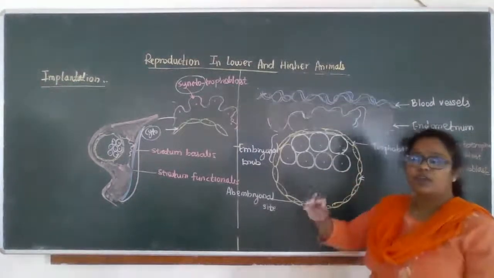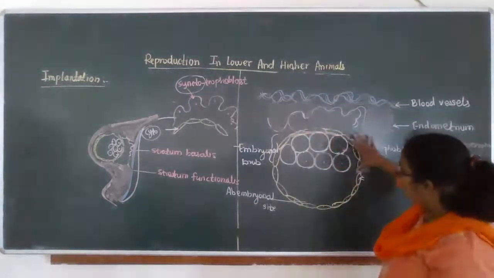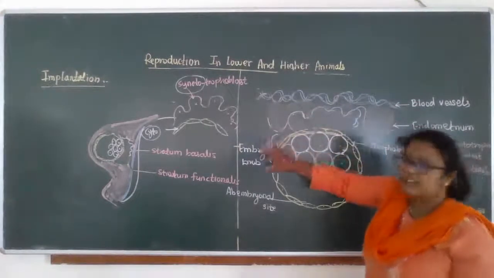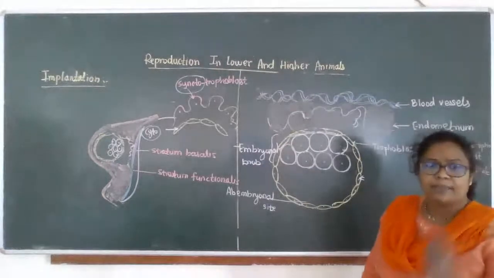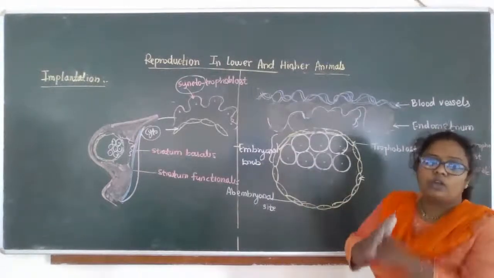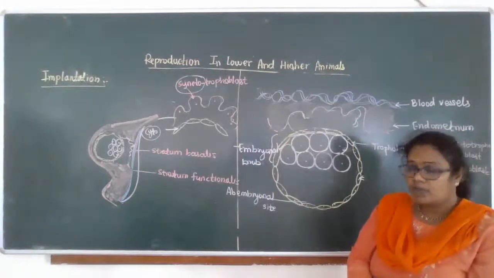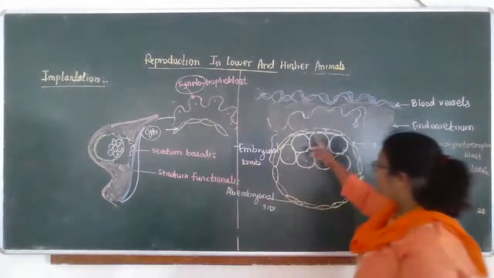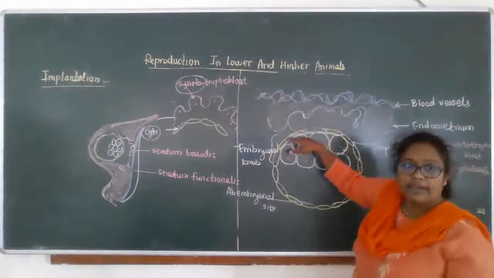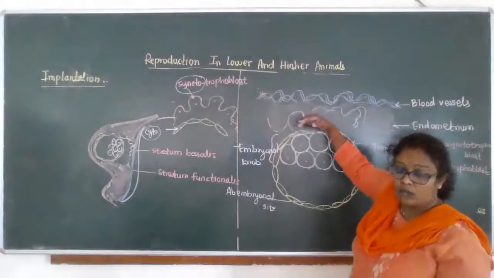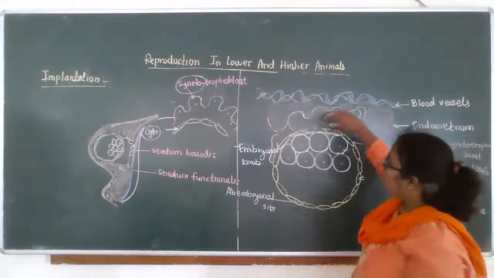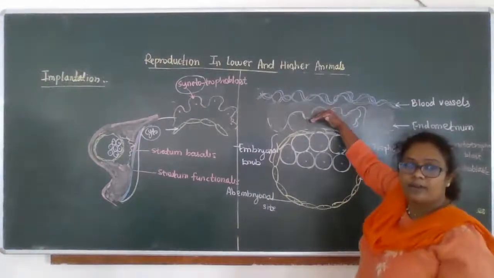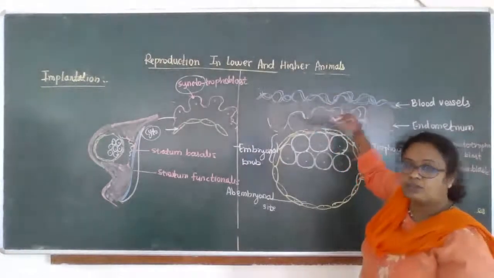Further on, now the implantation. During implantation, what happened? This site is called the embryonal knob site, and the embryonal knob site has an ability to adhere to the wall of the endometrium. Clear? Then when it touches the endometrium, the change happens to this layer.